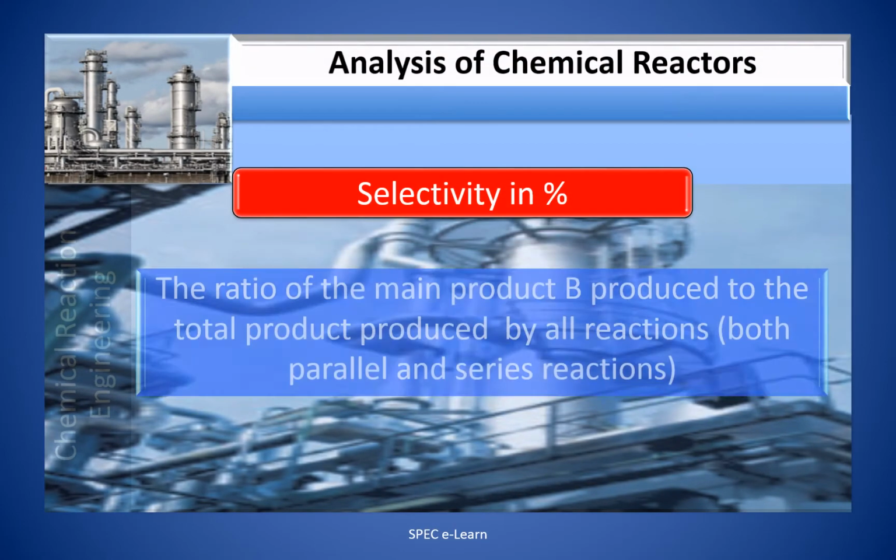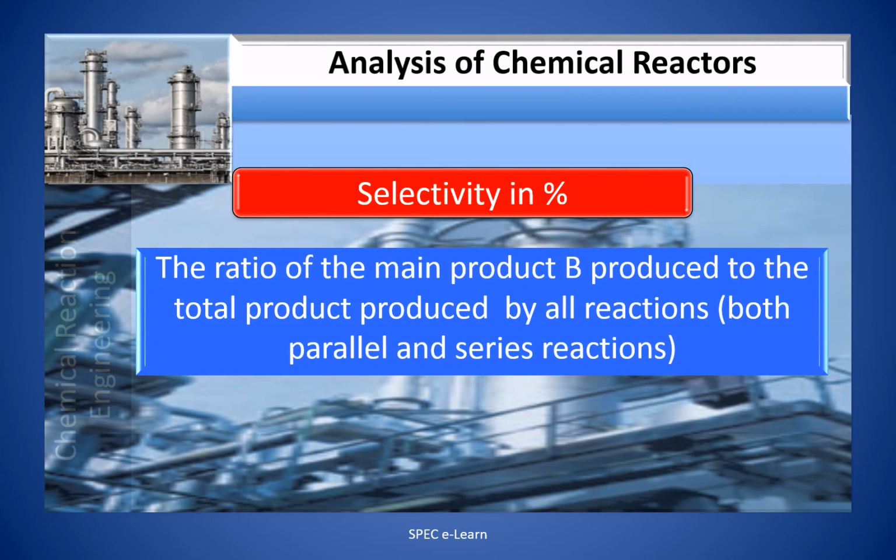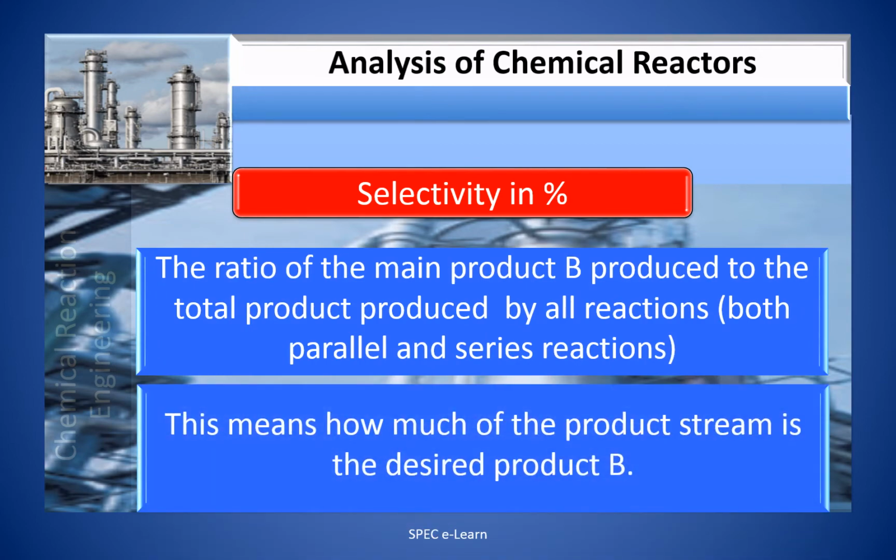The second term applied to analyze reactor performance is selectivity. Selectivity is the ratio of the main product B produced to the total product produced by all reactions, both parallel and series reactions.